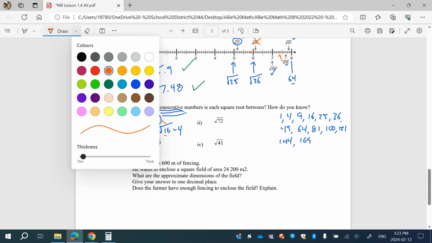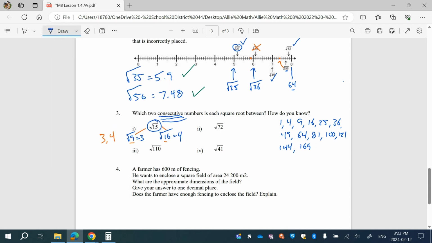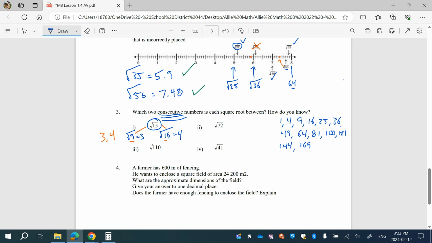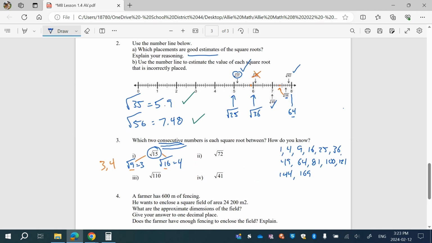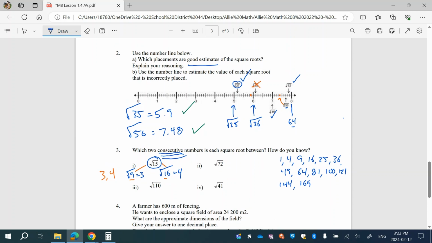Let's do the next one. Again, it might be helpful for you to use a number line for this. So if we continued on, put your attention up here. I'm going to keep this number line going.